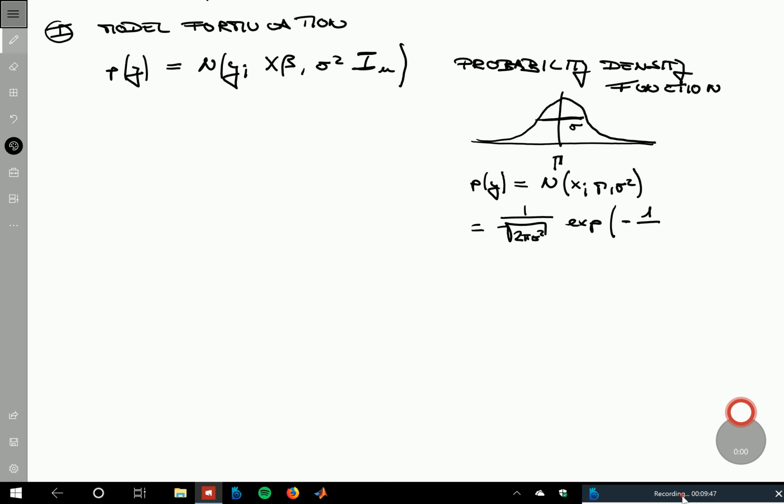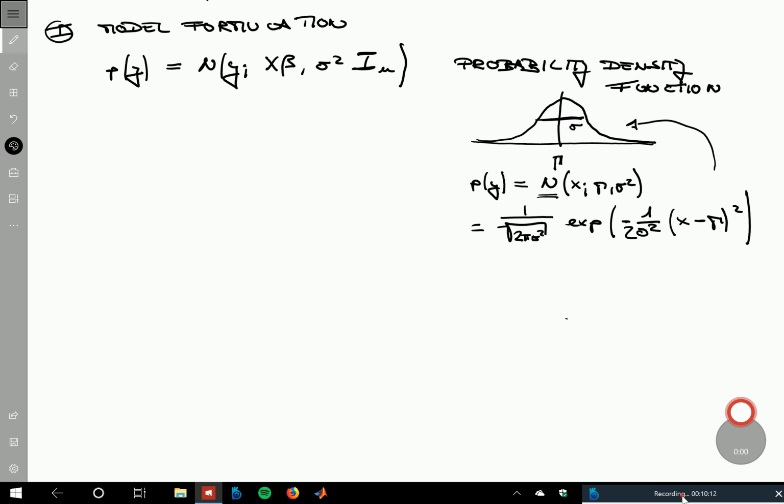So what I just plotted there is just a function like any function. That's just this univariate probability density function, and it is abbreviated here by N, for normal or Gaussian.